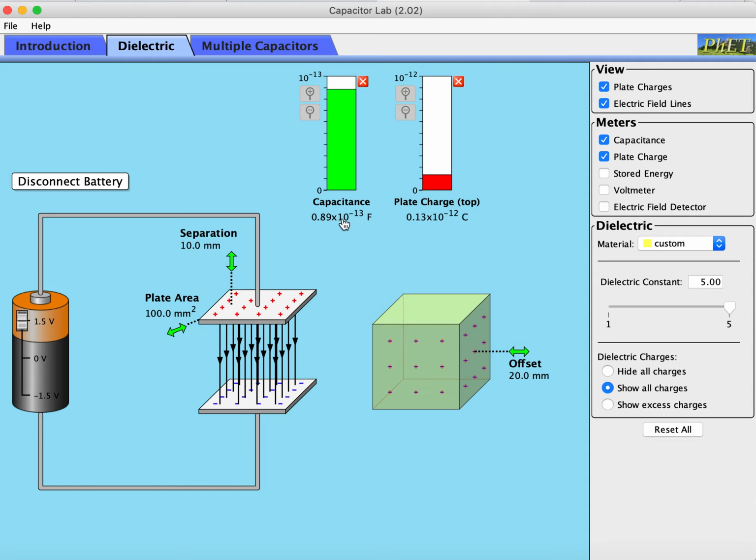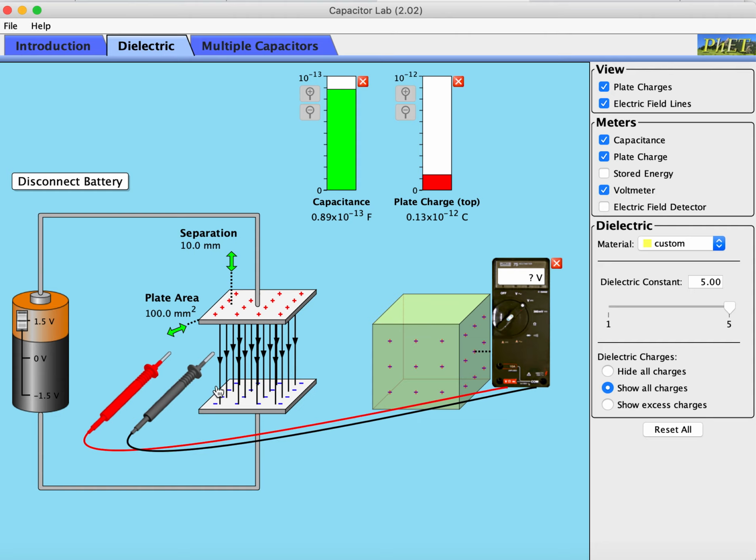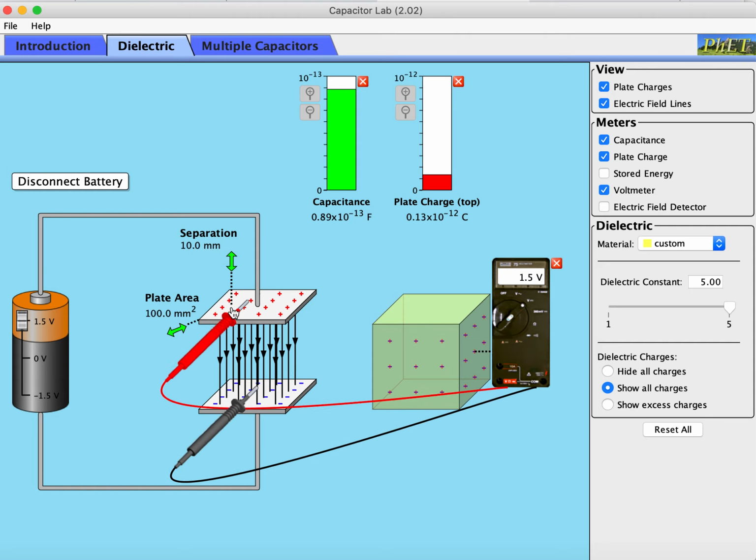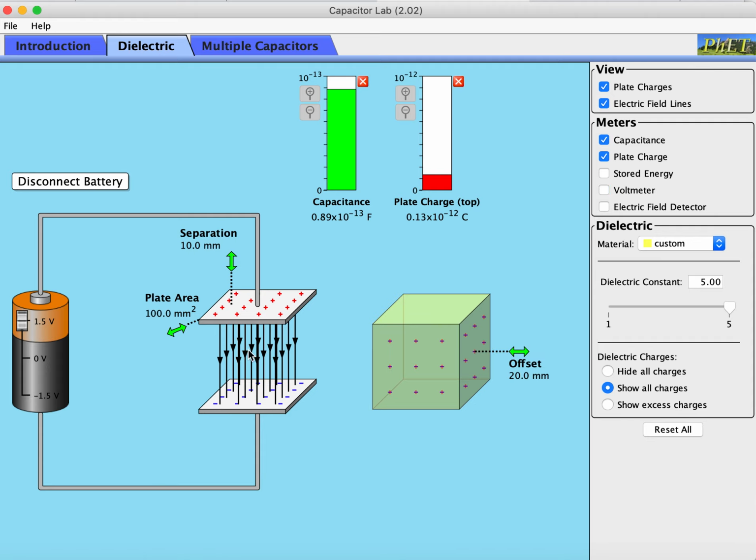Let's get the voltmeter out. I have 1.5 volts, therefore I have a capacitance. I have a store of charge. And because I have negative charges on this side and positive charges on this side, I have an electric field created.